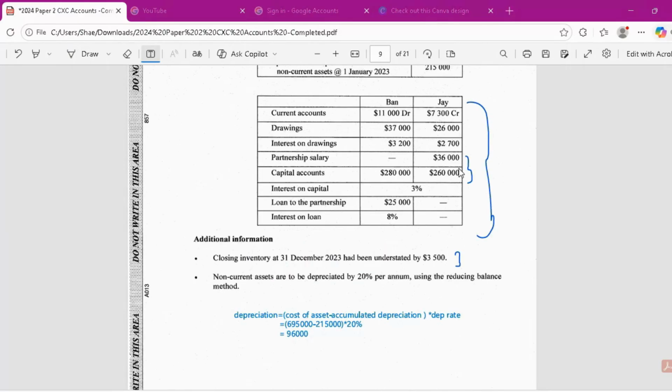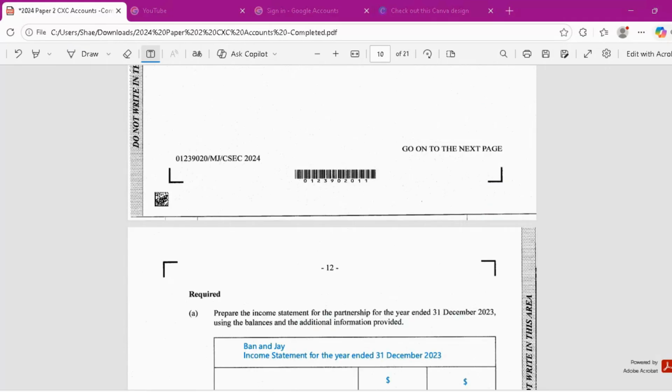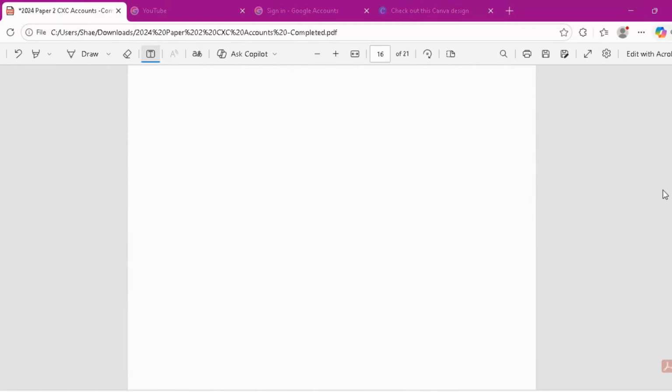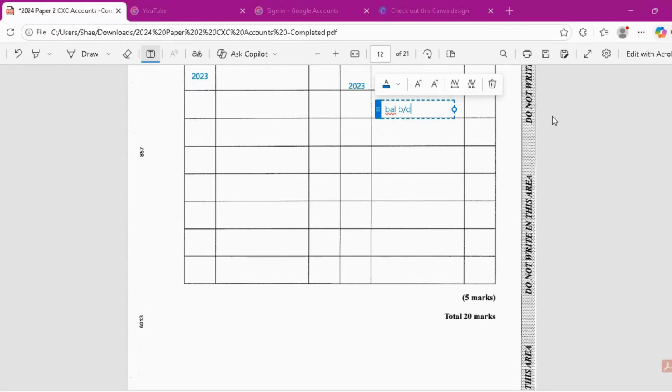Sorry, I said I wasn't going back up, but I just want to ensure that you're following. So for J, it says credit 7,300. So all we have to do is go down and put it in on the credit side. 7,300 at the 1st of January.